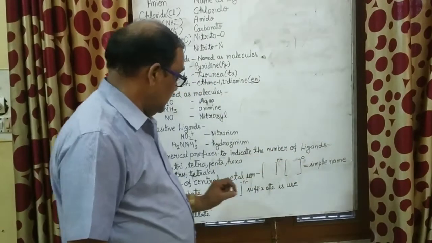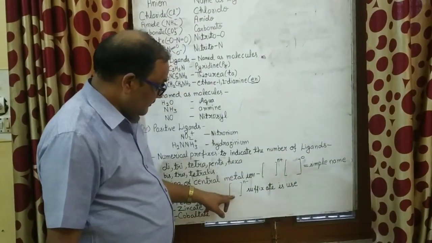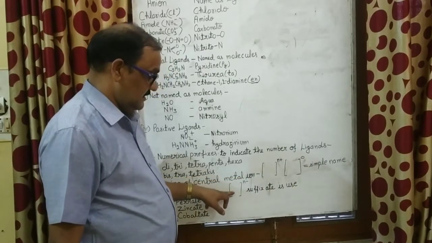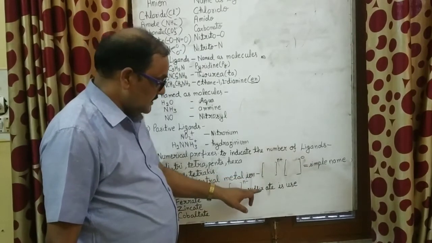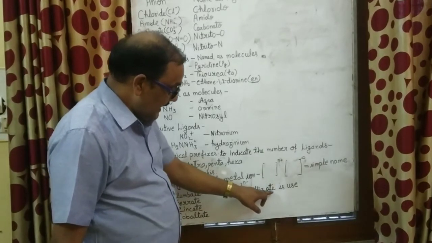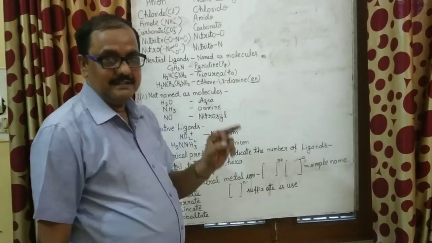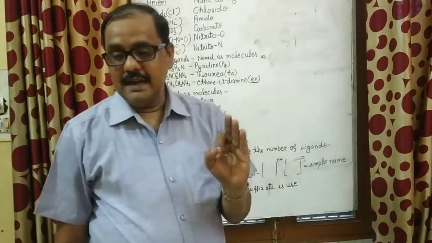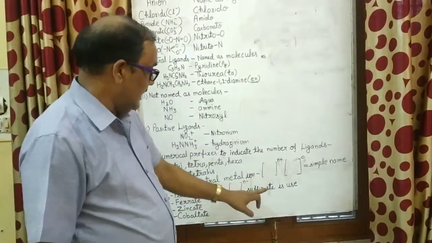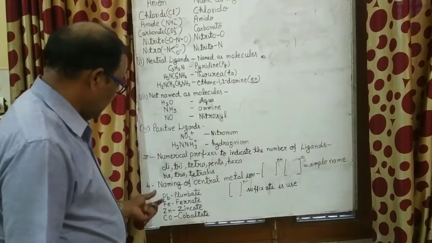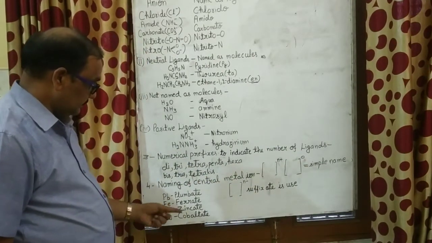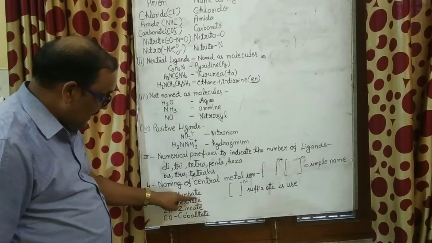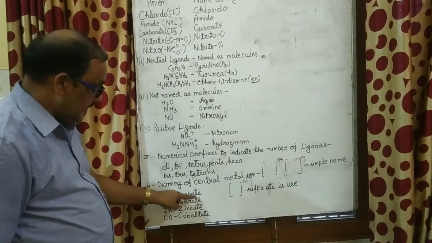But in the case of a negatively charged coordination entity, the suffix ate is used in the naming of the center metal atom. For example, Pb, plumbate; it means at the end of the name there is ate.